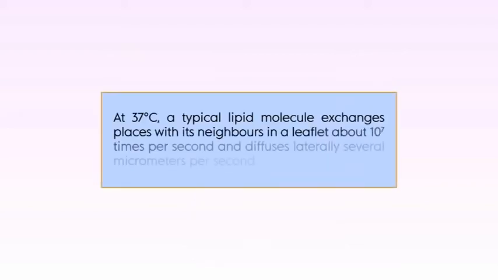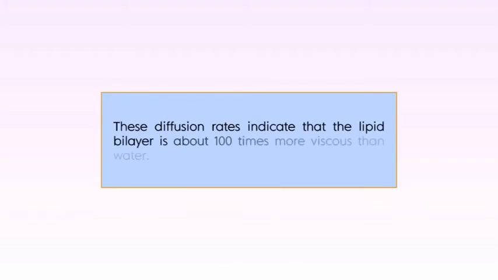At 37 degrees Celsius, a typical lipid molecule exchanges places with its neighbors in a leaflet about 10 to the power 7 times per second and diffuses laterally several micrometers per second. These diffusion rates indicate that the lipid bilayer is about 100 times more viscous than water.